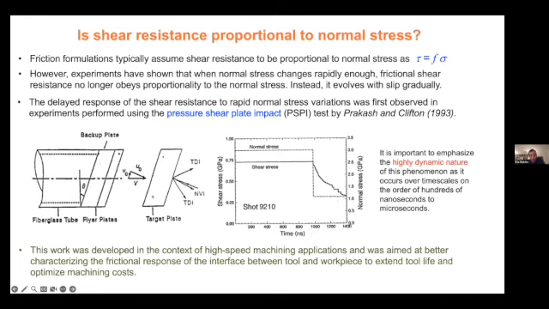So during an impact of a plate against a specimen, there's a normal stress changing very rapidly and the shear stress that lags behind. So when this happens, then the shear stress does not follow the normal stress.